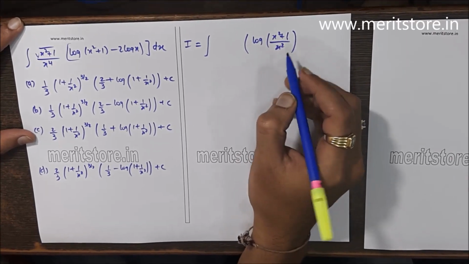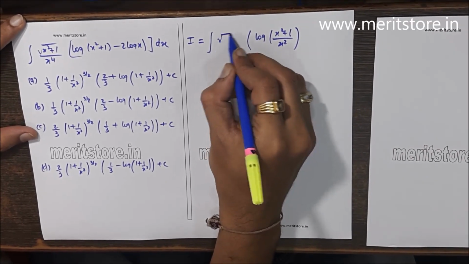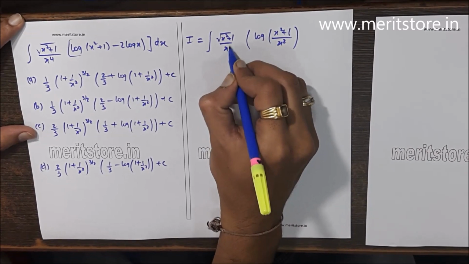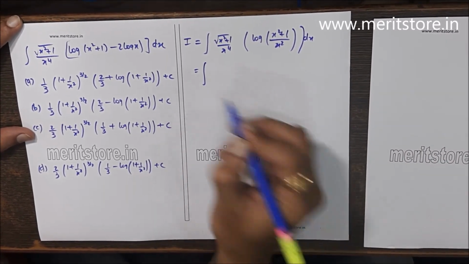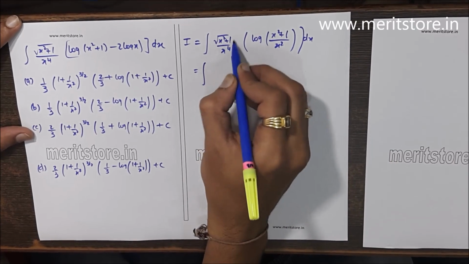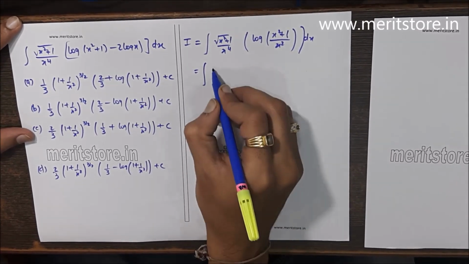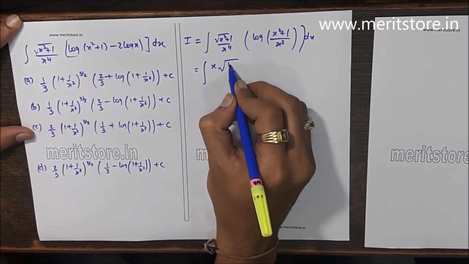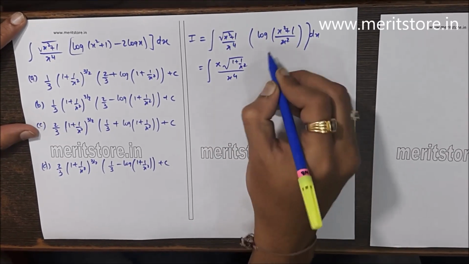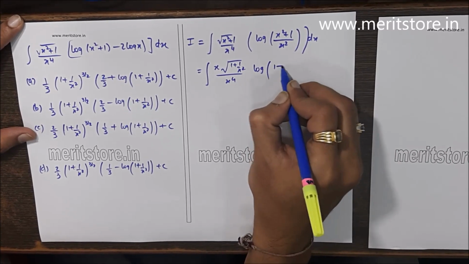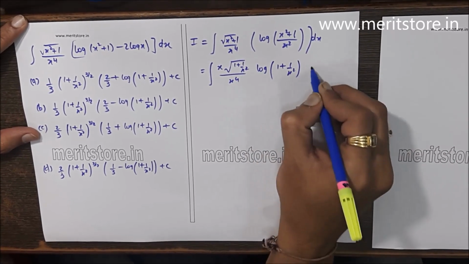Looking at this pattern, our next step is decided. What I am doing is taking x square common from the numerator. I get x root of 1 plus 1 upon x square, upon x raised to 4, and inside the bracket we get 1 plus 1 upon x square, dx.